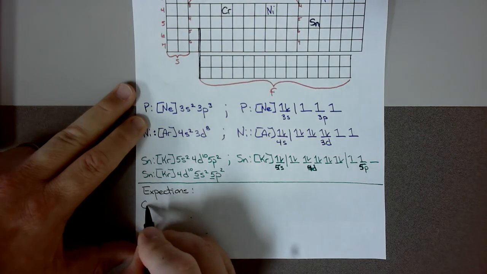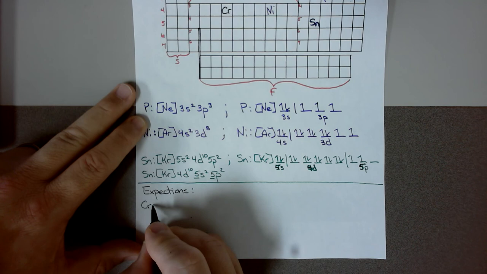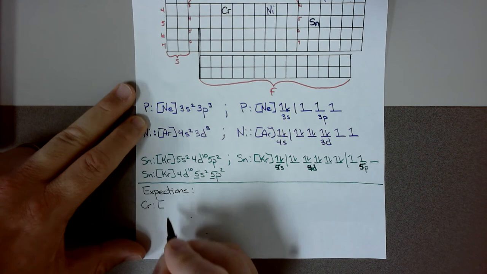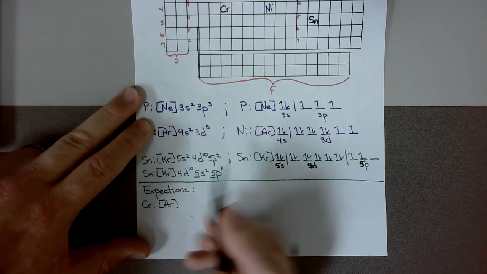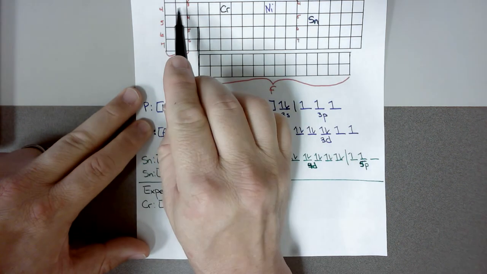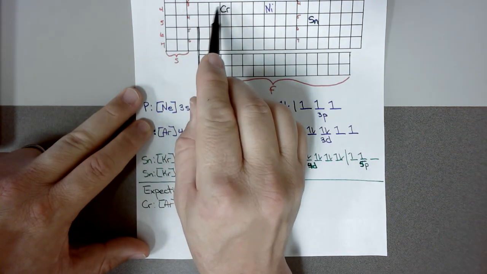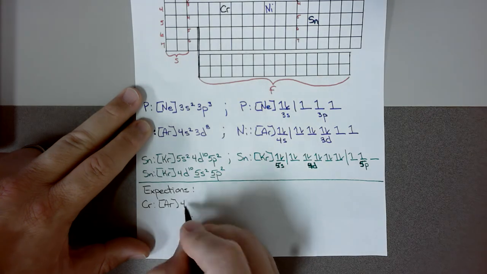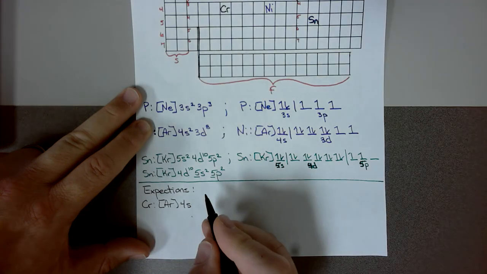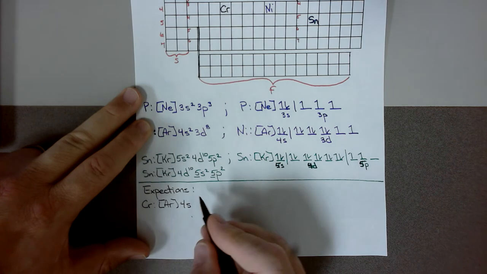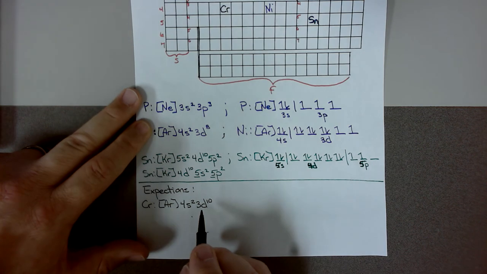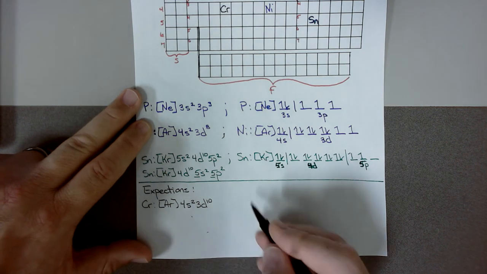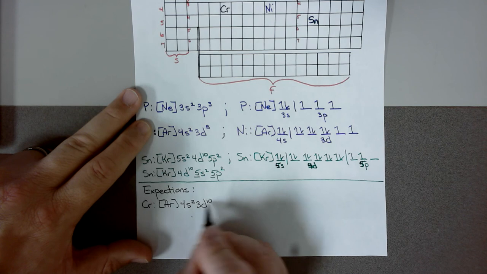So chromium is going to be argon, and then we go 4s2 3d 1 2 3 4. So you would think that we'd write 4s2 3d4, but this is incorrect because this is the exception, and let's see what happens here.